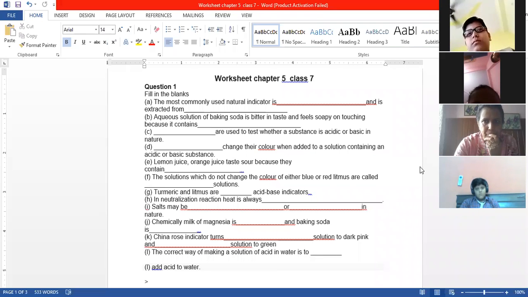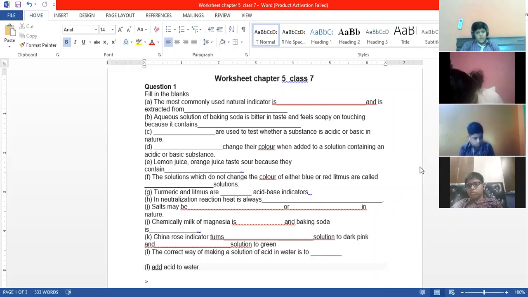Next is J part: chemically, milk of magnesia is dash and baking soda is dash. Yesterday you read this. Shivam, you will give the answer.